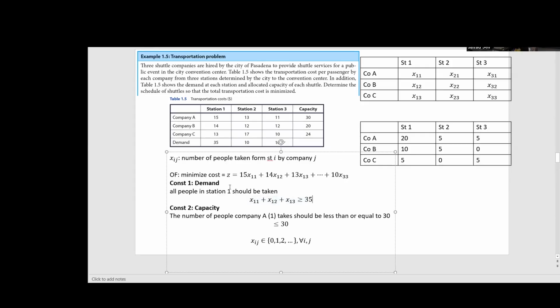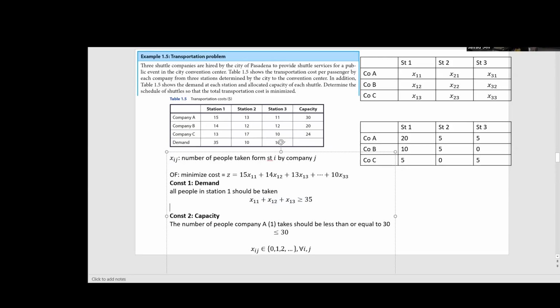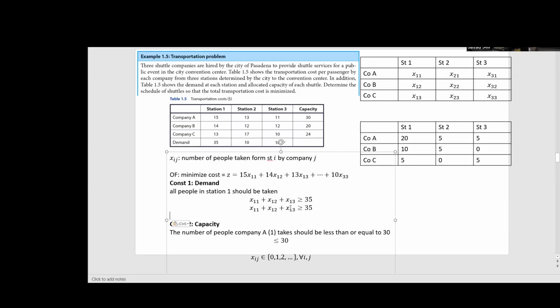And then I need to add another one for station 2, another one for station 3. I'm going to quickly do that. For station 2, it has to be 10.